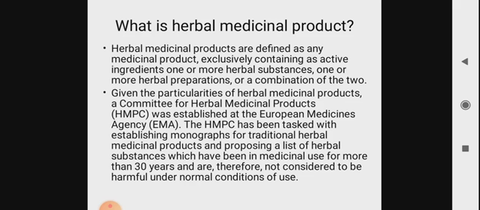In short, to prepare a list of medicinal products or herbal medicine that have been used for more than 30 years to treat, prevent or mitigate diseases or disorders and are not considered to be harmful under normal conditions of use.